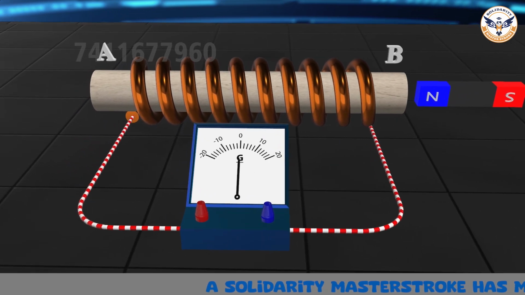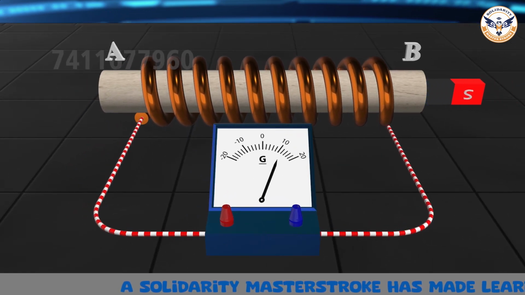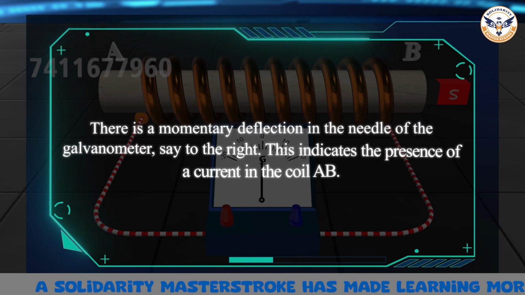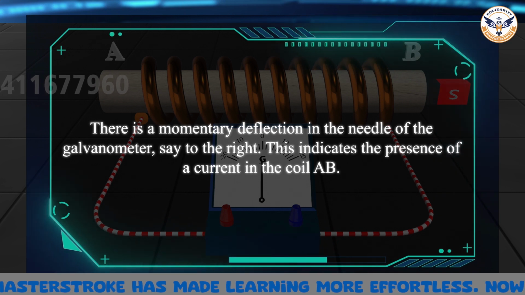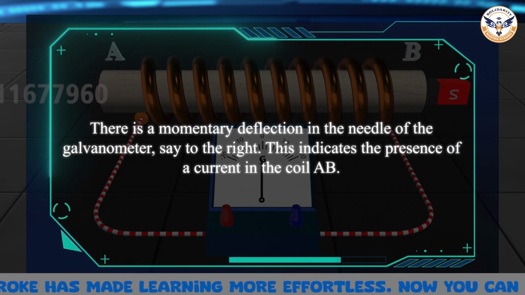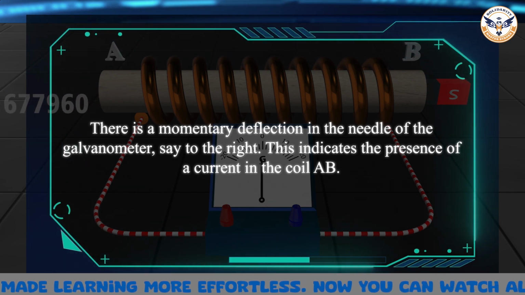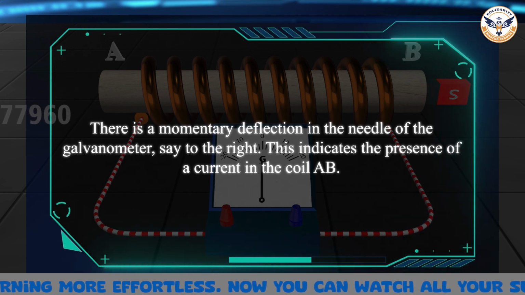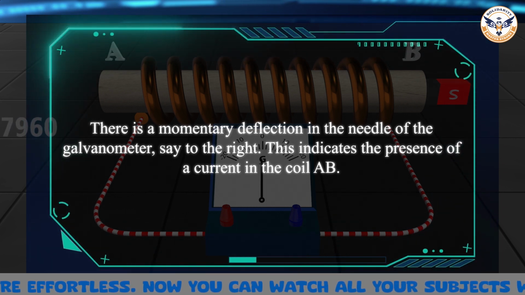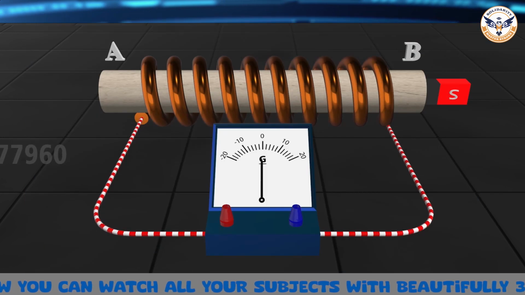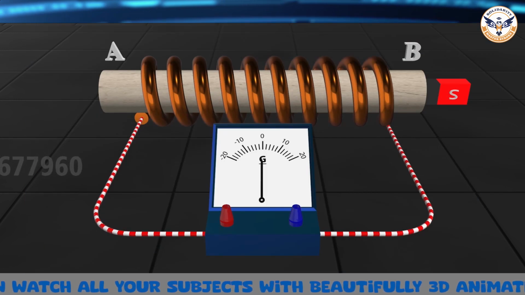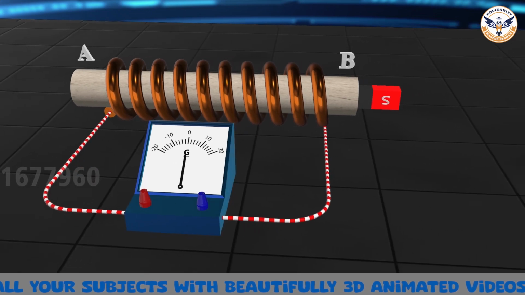Observe the change in the galvanometer needle. There is a momentary deflection in the needle of the galvanometer, say to the right. This indicates the presence of a current in the coil AB. The deflection becomes zero the moment the motion of the magnet stops.